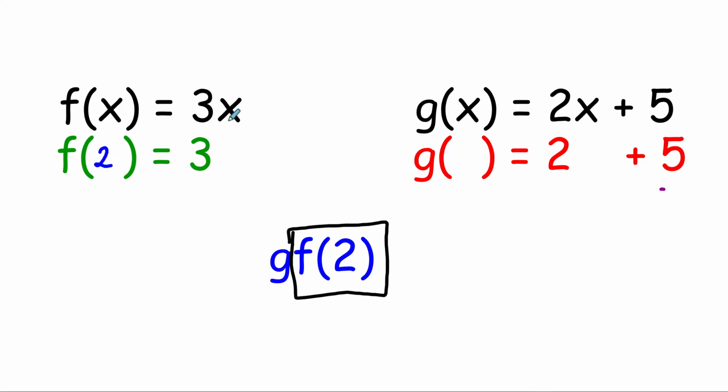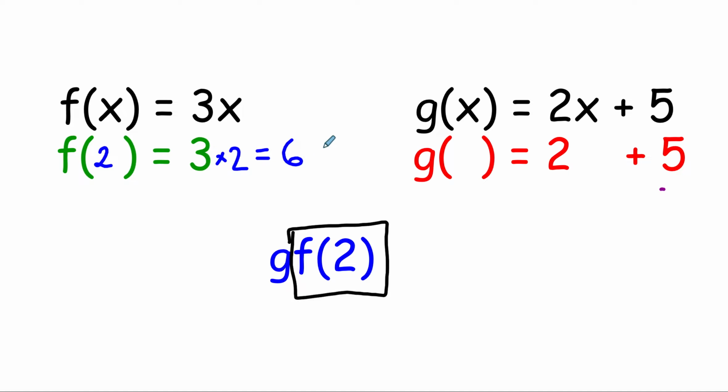The operation is 3x, so I would be writing 3 multiplied by 2, as you know that 3x means 3 times by x. Now that results in a 6. So f of 2 is actually equal to 6.